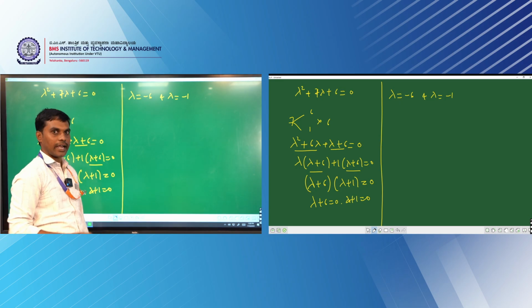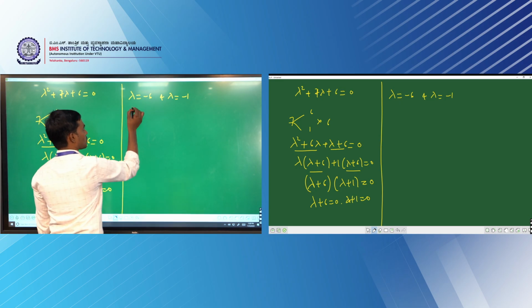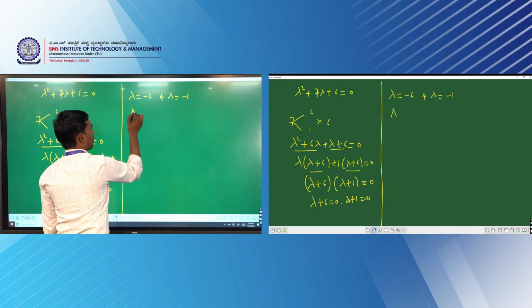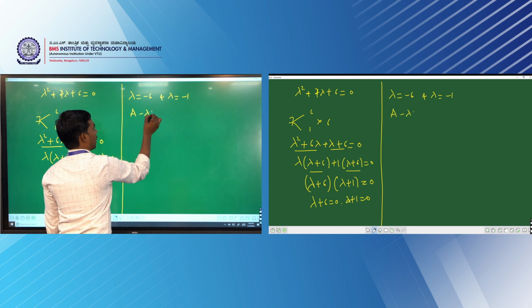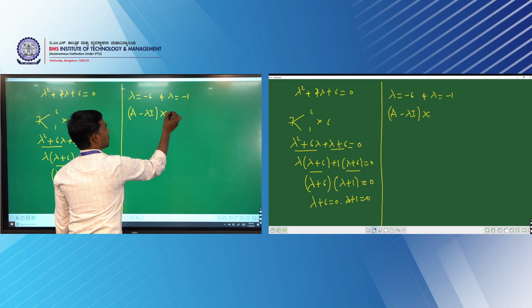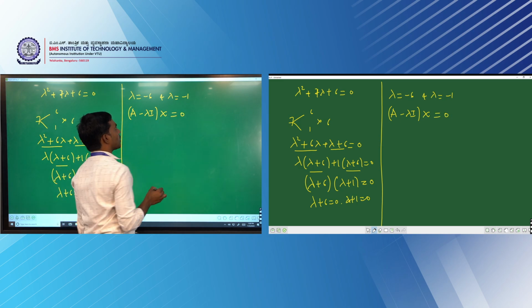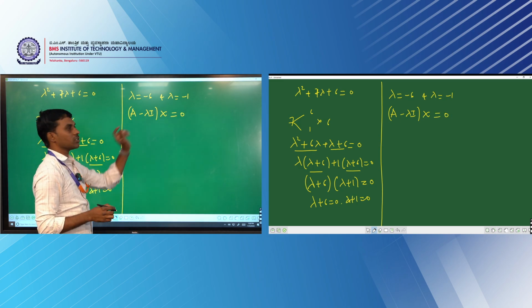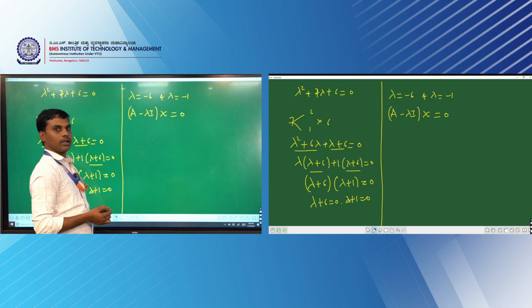Now we have to find the eigenvectors. How to find eigenvectors? What is the definition we used? A minus lambda I, it is a matrix, times x equal to 0. So corresponding lambdas we have to substitute in this matrix and we have to find the value of the eigenvectors.